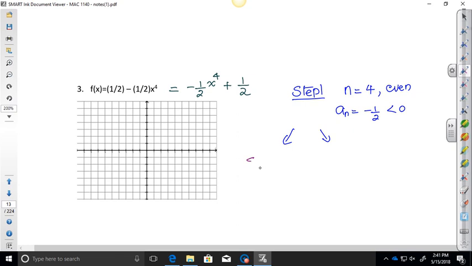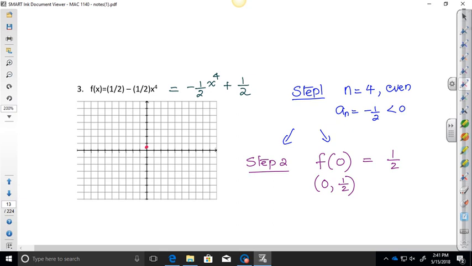Step 2, find the y-intercept. Y-intercept means just plug in 0. You're finding f of 0. Put 0 for x. What do I get? 1/2. So the y-intercept is (0, 1/2). Let's plot that right there. See?